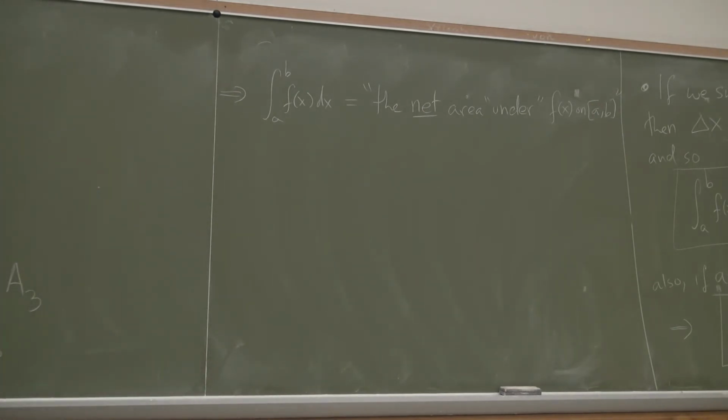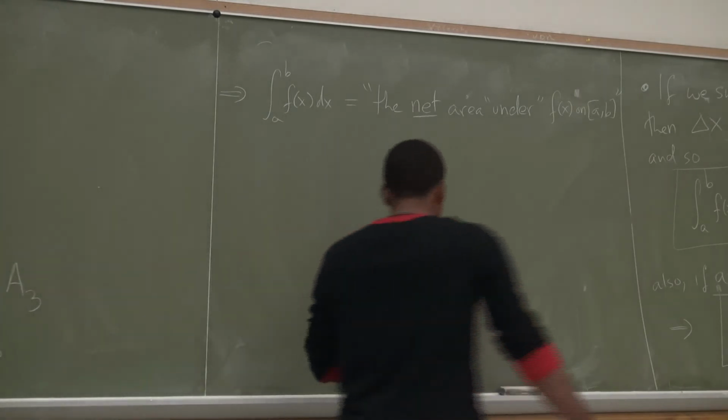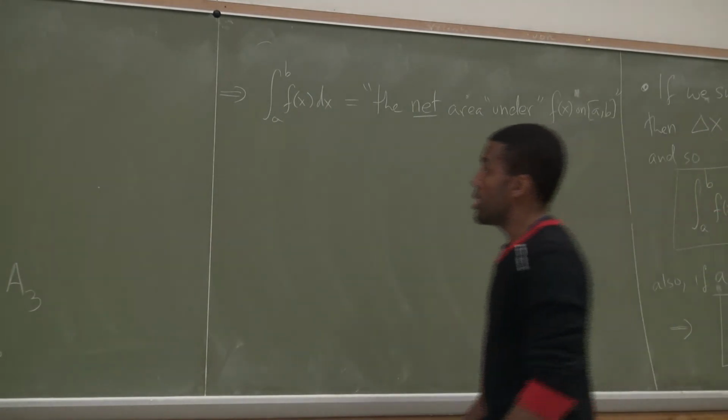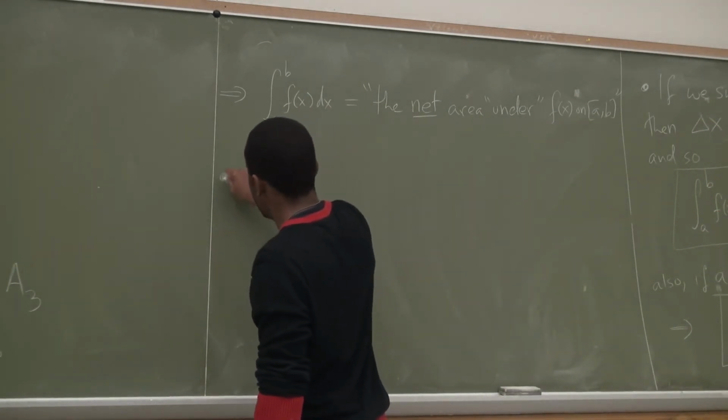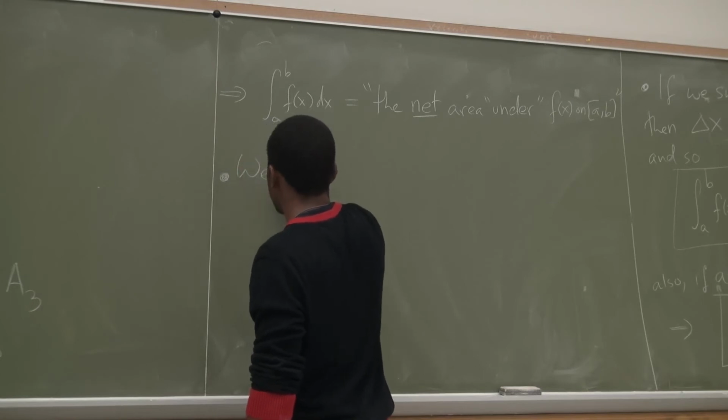It's going to be all the areas above the horizontal, we get positive areas. The areas below the horizontal, we get negative areas. And then we add up all these areas, and that will actually give us the result of this guy. Right? So if we somehow know these areas individually, we can figure out what this integral is without even doing any work. Just add up all the areas. That is a very important concept. Another important concept is we can break limits up.